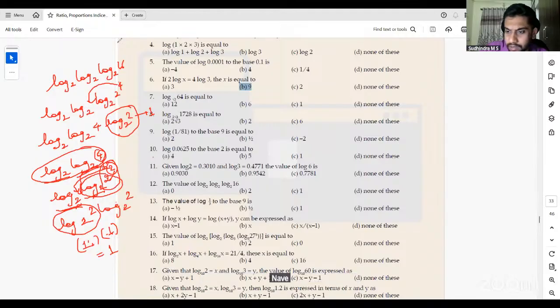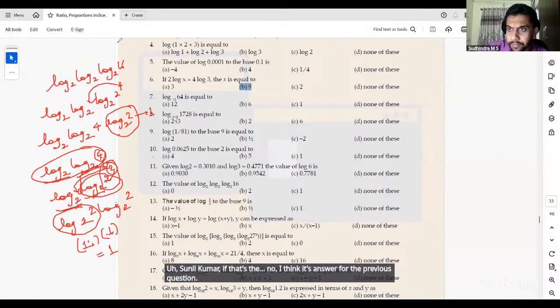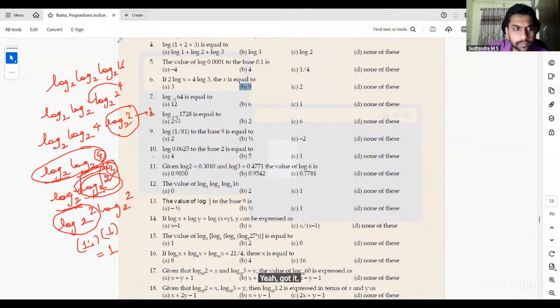Naveen, you have to recheck. Sunil Kumar, I think it's the answer for the previous question. Yeah, got it. Dhanya, you have to recheck.